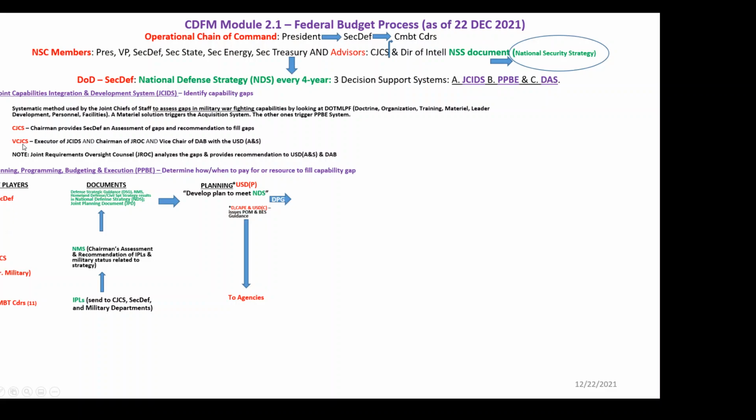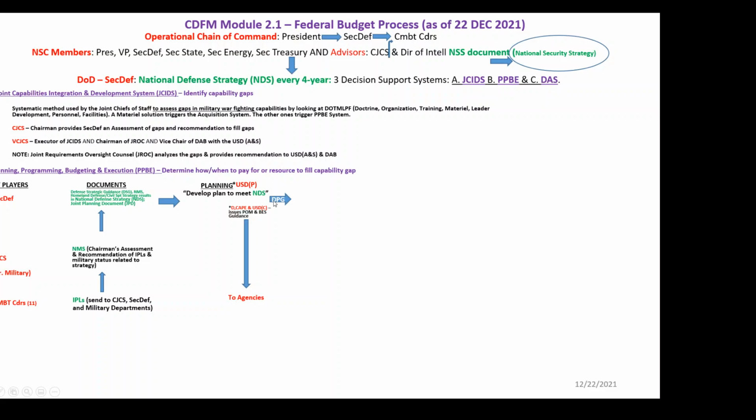Your vice chairman of the Joint Chiefs of Staff, executor of JSIDS, is responsible for this system, and he's the chairman of the JROC. That's the council that actually does the JSIDS process. And he also sits on the acquisition system. So they all overlap in these three support systems to meet the national defense strategy.